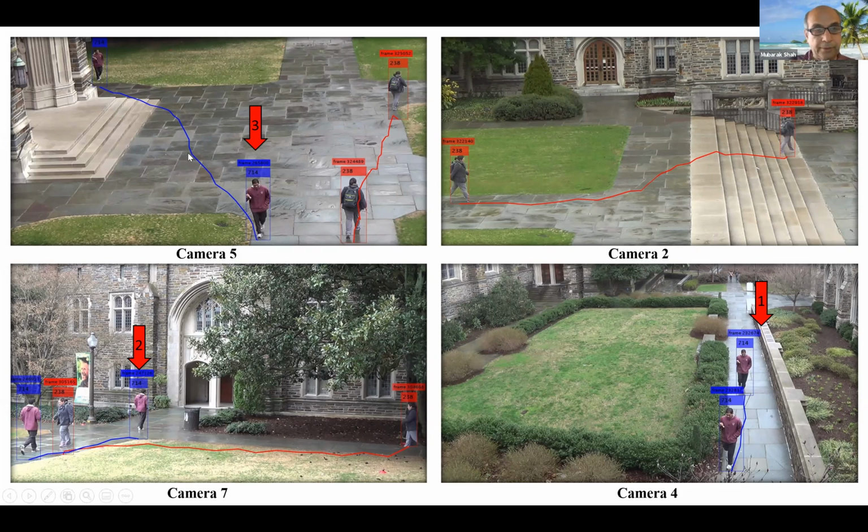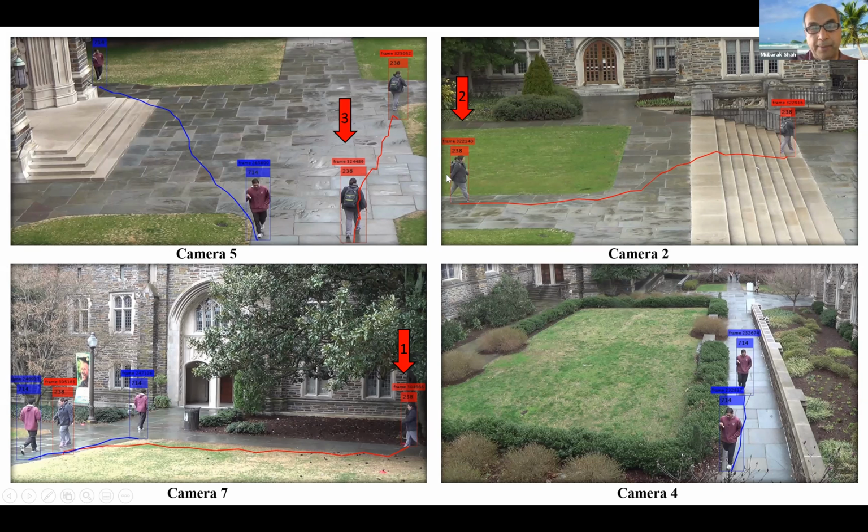So we have solved the re-identification problem and tracking. Basically, these are the tracks we have. Another example here is ID 238. This guy comes here and goes all the way there. And then he goes to camera 2, again entering here and going like this. And then entering here, going like that.